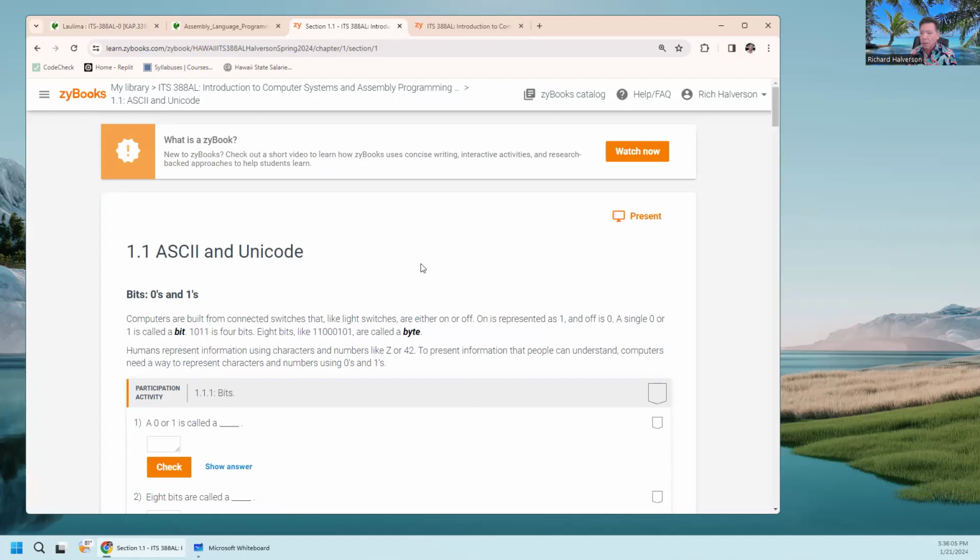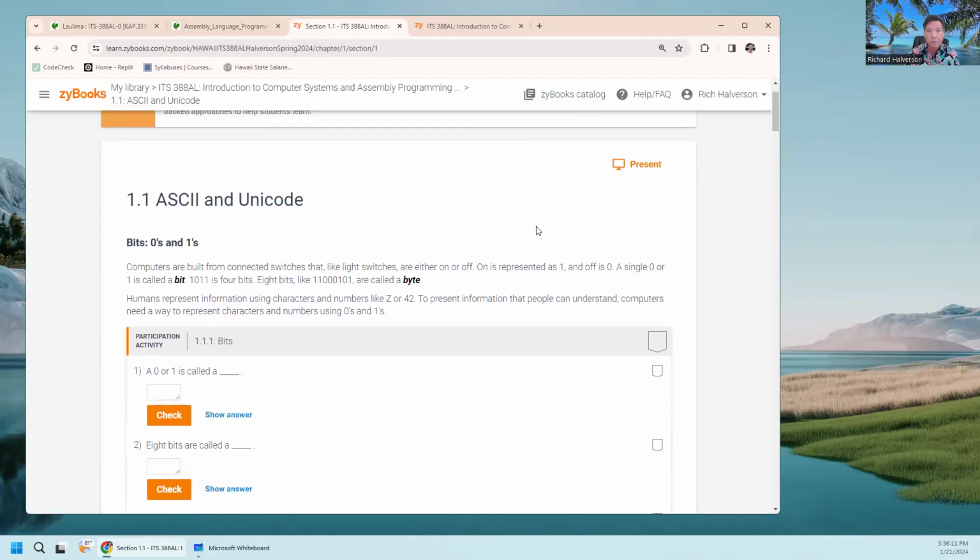You've probably read through all this already. I can see that a lot of you finished the participation activities. Here we're just talking about ones and zeros. A bit is a cell in memory which can store either a 1 or a 0.